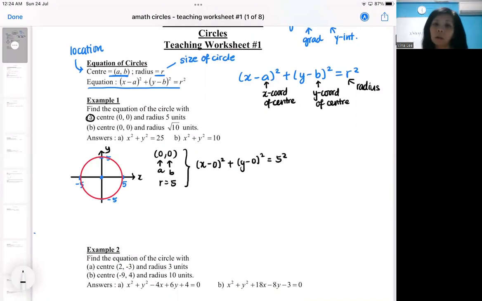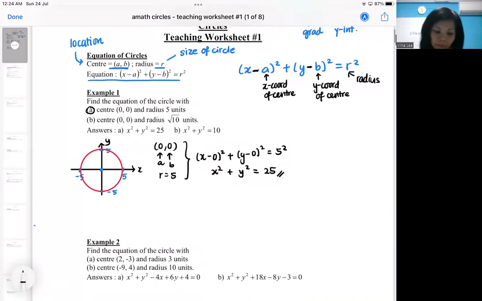You just put in the a, you put in the b, and you put in the radius. That will become the equation. But do take note that the formula is always a minus. So if your a is negative, then you will have a double negative that makes it positive.